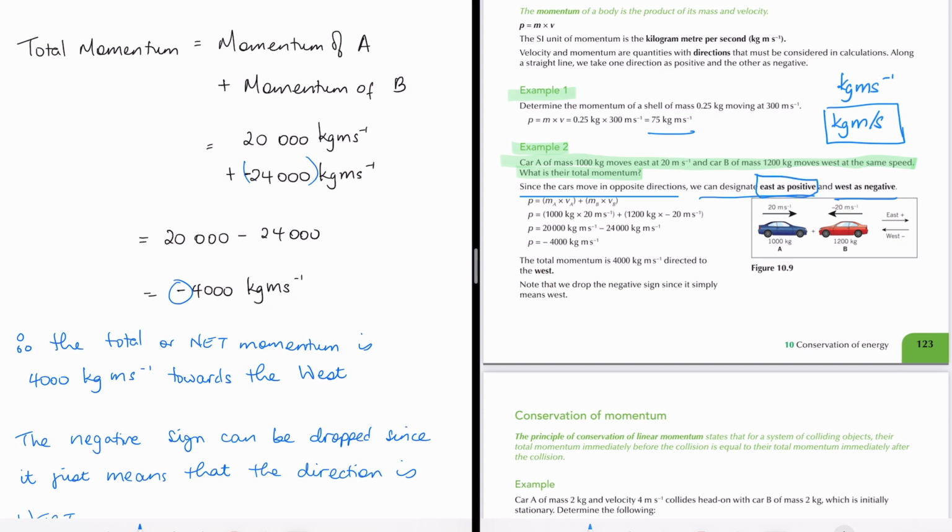So if I had a positive value, then that would mean the total momentum is positive, towards the east. And if it's negative, as in this case, it means that it is towards the west. So we have negative 4,000 kilograms meters per second, which is going to be 4,000 kilograms meters per second towards the west.